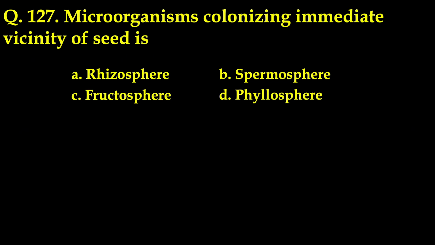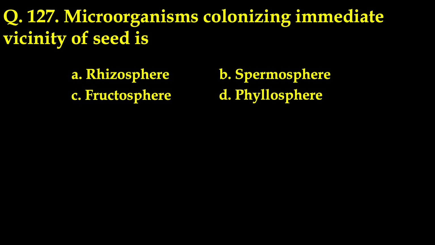The next question is on microorganisms colonizing the immediate vicinity of the seed. There are 4 options: rhizosphere, spermosphere, fructosphere and phyllosphere. As we know, in microbiology, the phyllosphere is the total above-ground surface of a plant when viewed as a habitat for microorganisms.